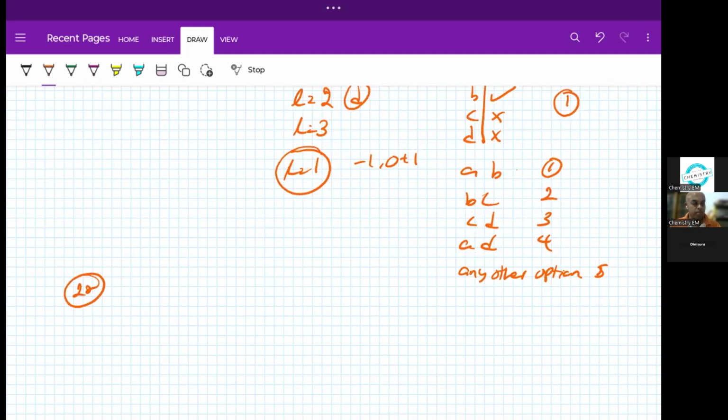Let's read this question. A lamp produces 6 joules of energy per second in the blue region, 470 nanometer of the visible light. For how long should the lamp be lit to generate 1 into 10 to the power 20 photons? This is a good question actually, right? It's a 2017 question.